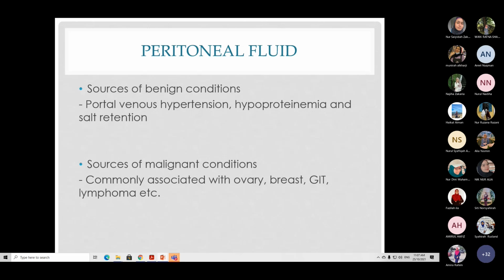While for peritoneal fluid, the sources of benign conditions are such as portal venous hypertension or hypoproteinemia and salt retention. While in malignant conditions, examples of the cancer are ovary, breast, GIT, and lymphoma.